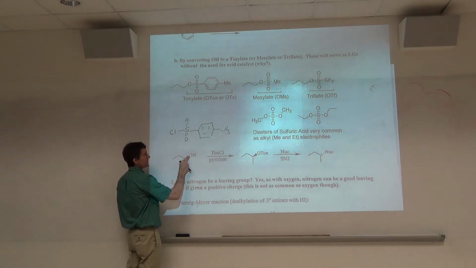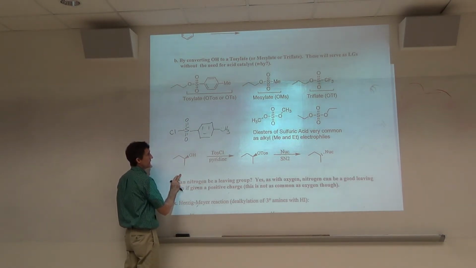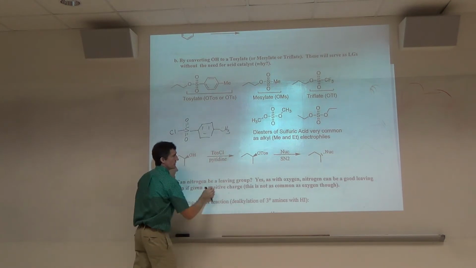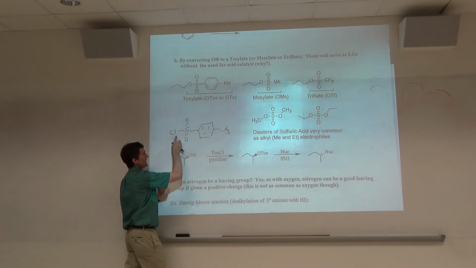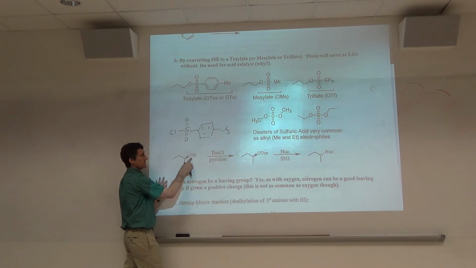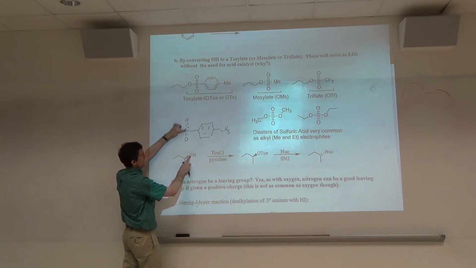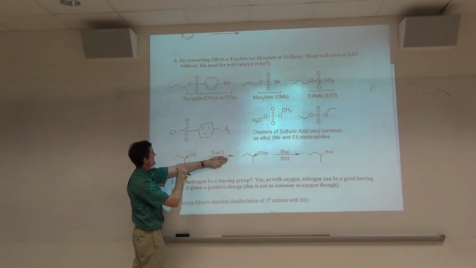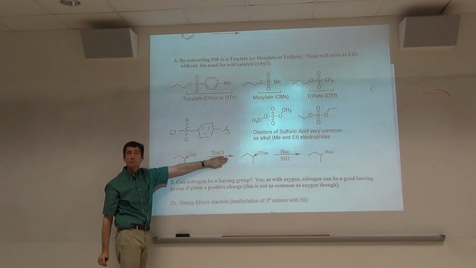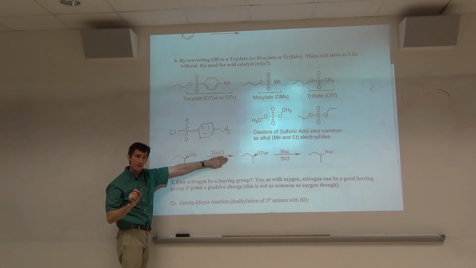If you react your alcohol with tosyl chloride, what needs to take place to give this? The chlorine needs to be replaced by what? The oxygen. I'm not going to do the full mechanism, let's just look at it. And what would be produced here, don't worry about pyridine? What other product? HCl. Again, you could give that a try.